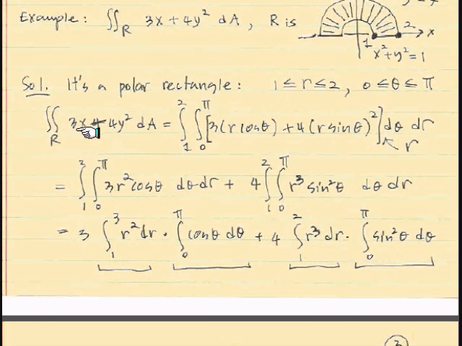Now x and y are replaced by r cosine theta, that's x, and r sine theta, that's y. And the Jacobian factor is r, so r should go there. r is not constant, don't get that part wrong. It's varying from 1 to 2 at each point, and how much the area is stretched is different.